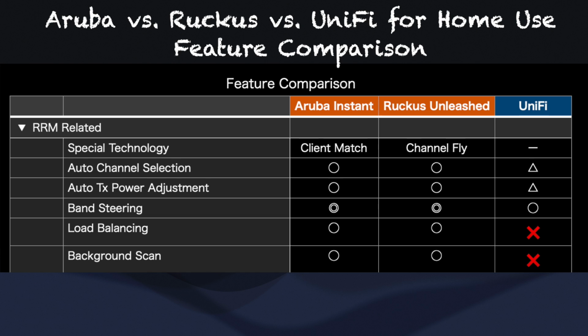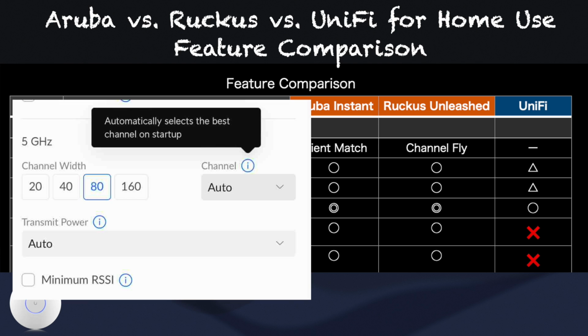Unlike the other two platforms, UniFi does not offer real-time radio resource management. With the most recent version of the OS, the wording of what they do is clearer, as the previous wording felt a little misleading. UniFi access points will adjust the transmission power only at the time the access point starts up.